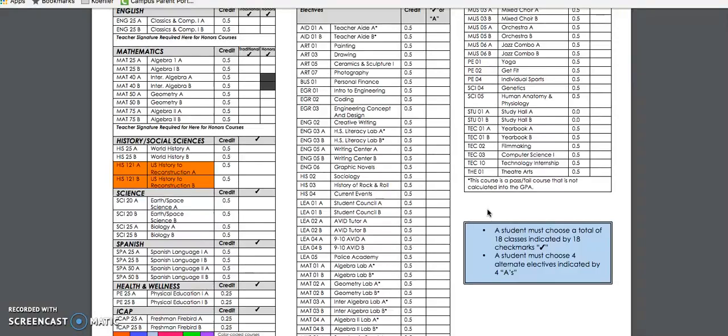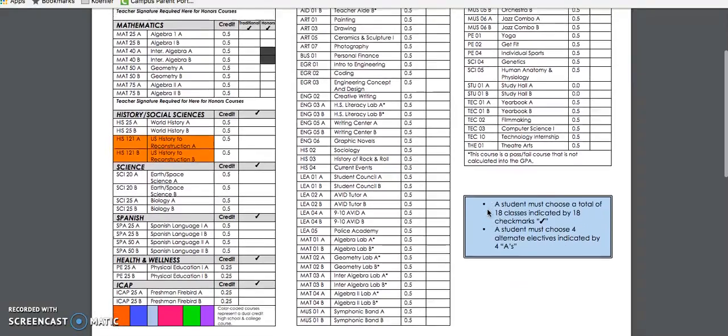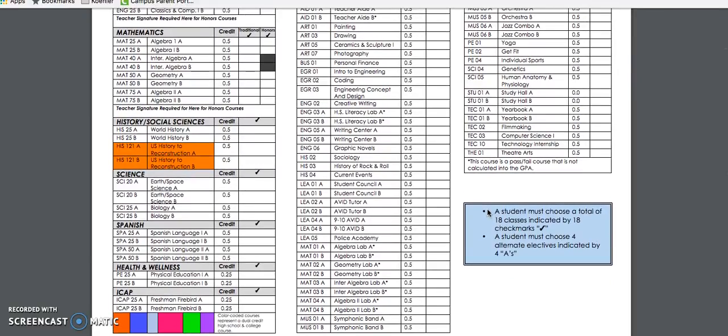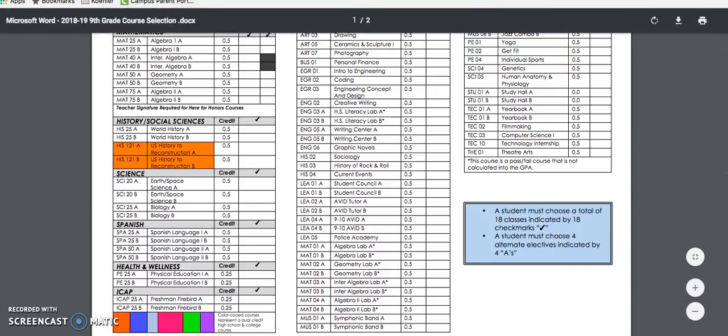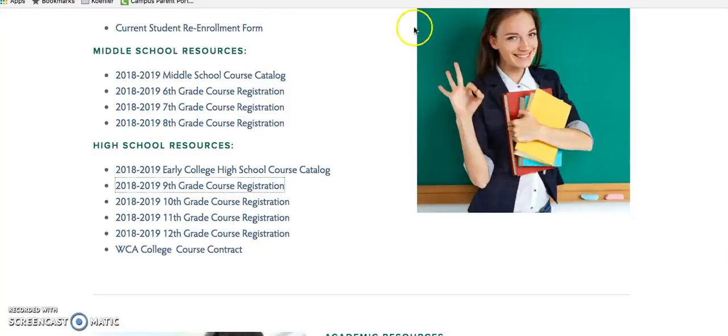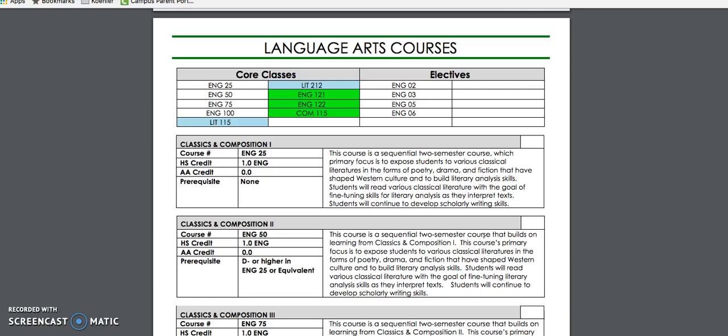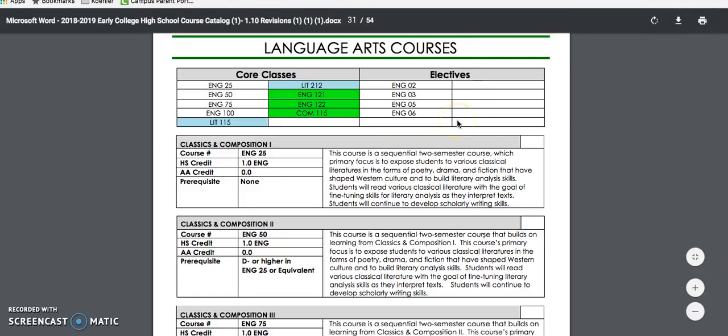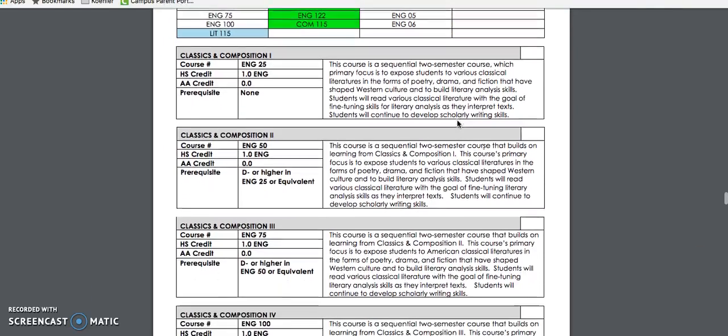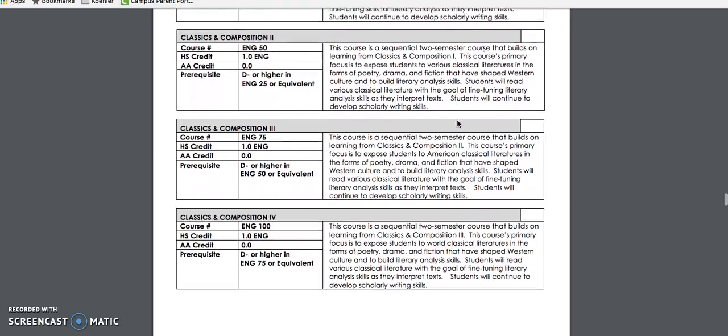So when you're looking at this form, and you don't really understand what that class might be about, or you're having trouble deciding, you'll go back to our website and you're going to click on the Early College High School Course Catalog. And in this document, you will find all of the descriptions for every single course that we offer.